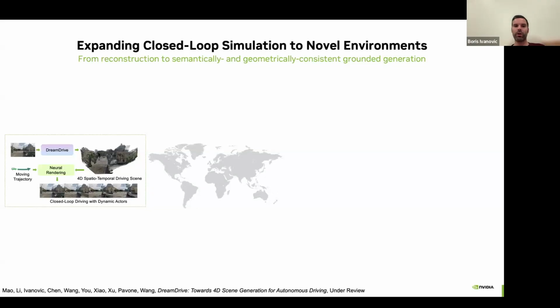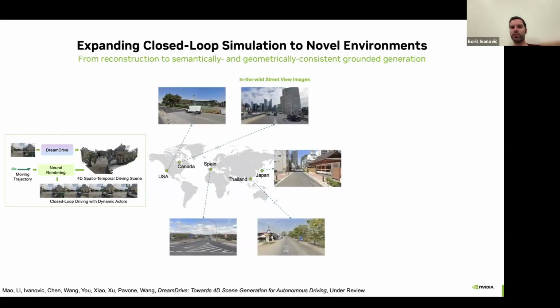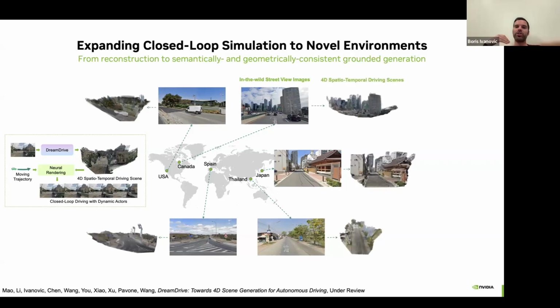In particular, if we want to use scenarios from different countries that we might not have data for, what we do in this work, called DreamDrive, is start with just a street view image, an urban street level view of a scenario. Then we pass this through a video diffusion model to generate what a driving video might look like from that particular scene.